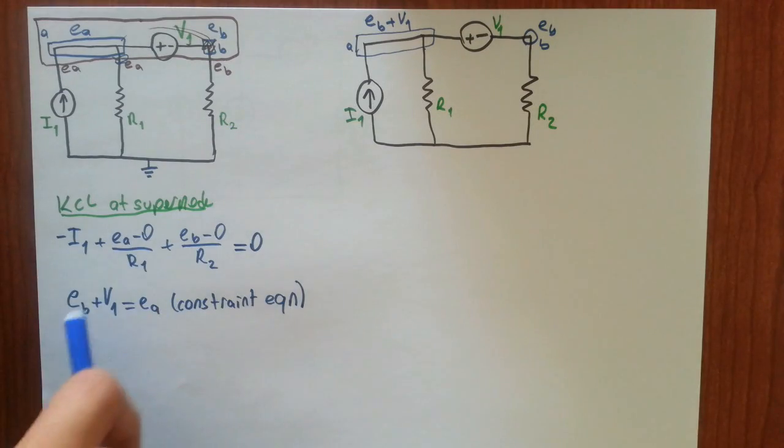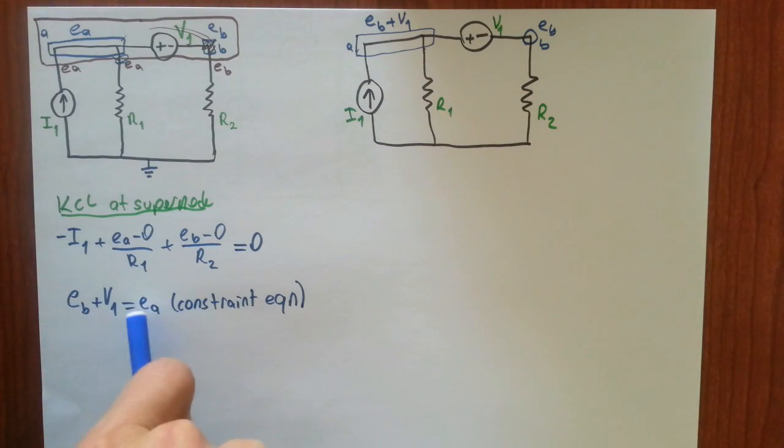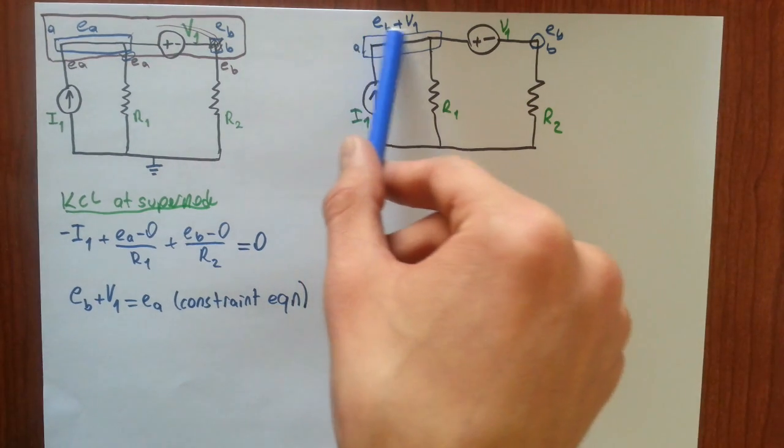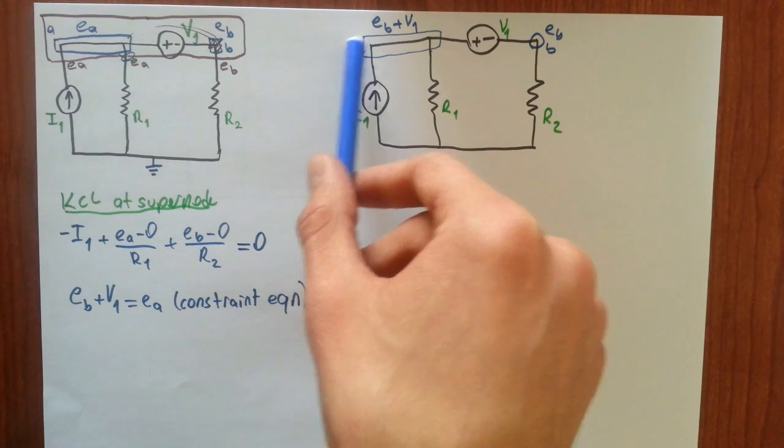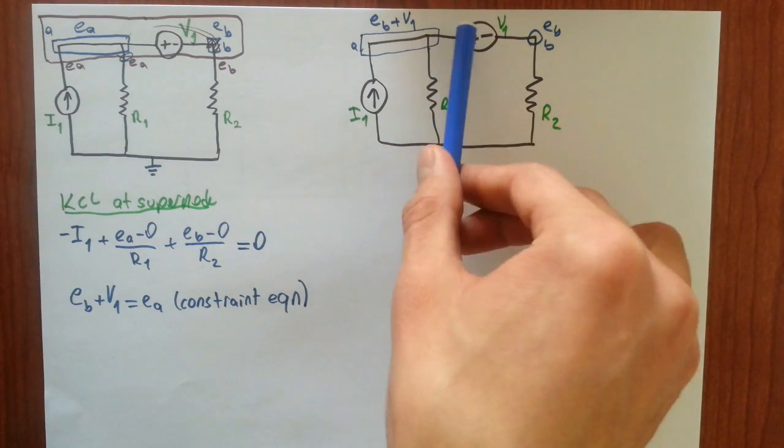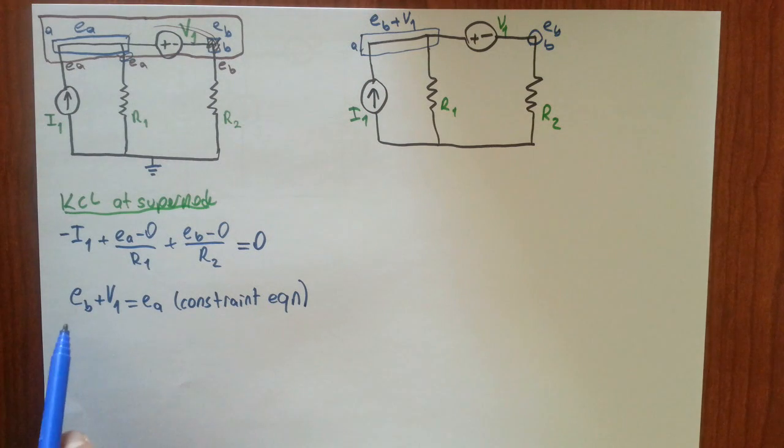Actually, I have directly written EB plus V1 for EA. So if you directly label the node voltage of node A as EB plus V1, you don't need to write a constraint equation in the equation system.